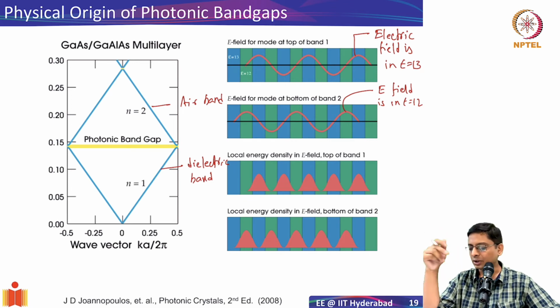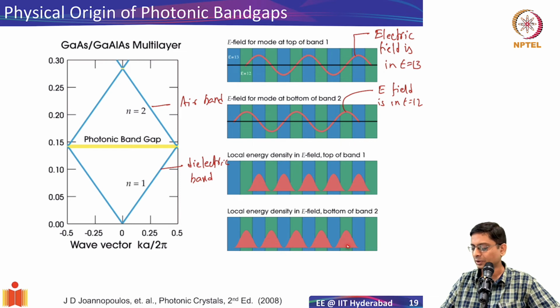So, the top two graphs of the electric field, if you look at the amplitude, you'll see that the energy is effectively in the high refractive index or low refractive index medium. Okay. That's the physical origin of the band gap. And something interesting also happens. You can also think about it like a wave which is propagating in these structures, and there are reflections happening.